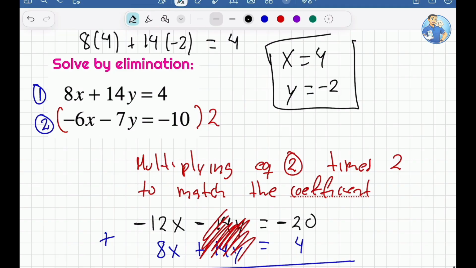We can do it mentally. The 8 times 4 is 32. Then pay attention, here we have a negative sign, so this becomes a negative number. So this is 32 minus 14 times 2, this is 28. So 32 minus 28, and this is 4. So this is the elimination method.